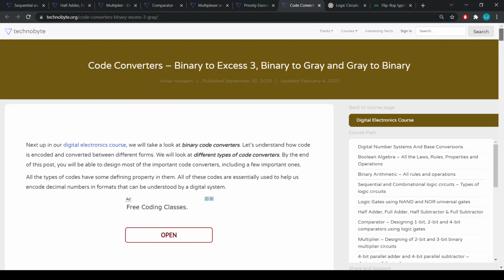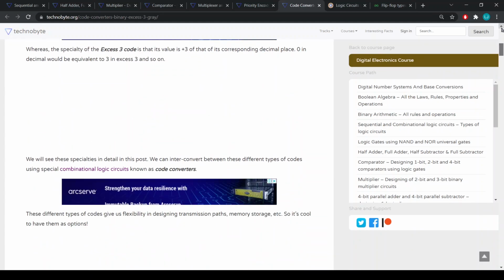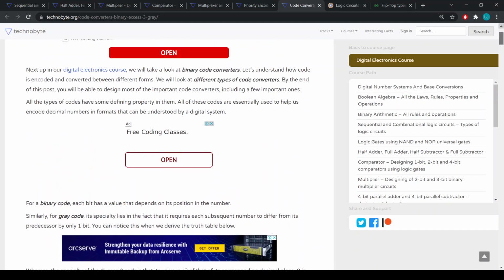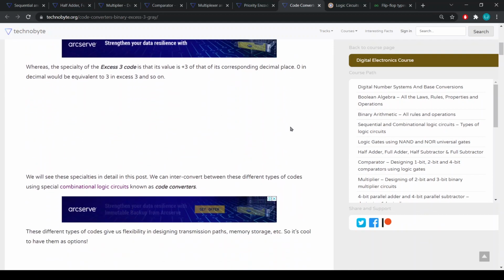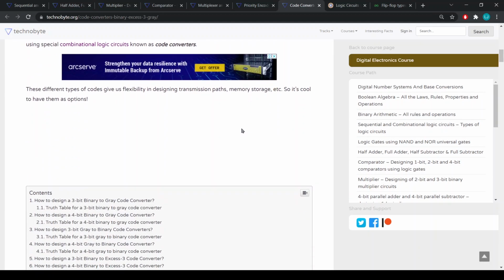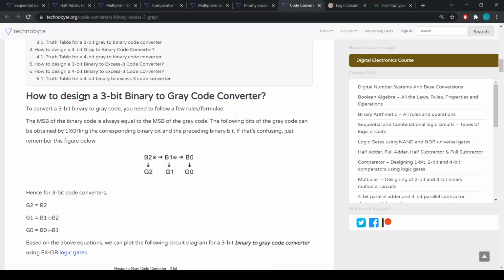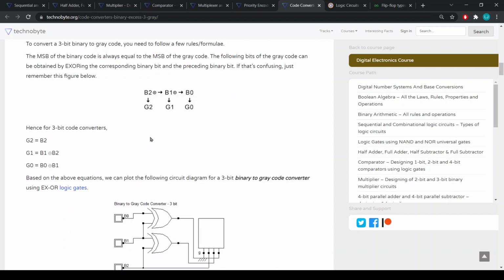Now we have code converters as our last type of combinational circuit. So here we have a 3-bit binary to gray code converter. So this is a 3-bit binary. So you have 3 bits, you have 8 combinations.